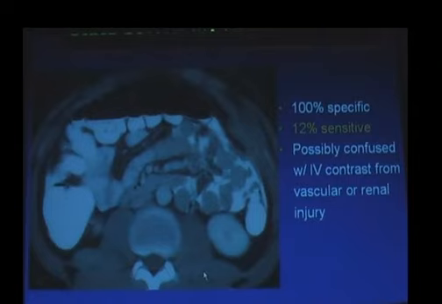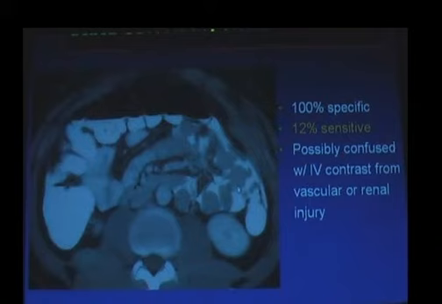Oral contrast extravasation, again, is 100% specific in the appropriate setting, but very insensitive, overall 12% sensitive for the diagnosis. It can possibly be confused with intravenous contrast extravasation from vascular or renal injury, but it's very helpful to give oral contrast because it does help you in some cases.